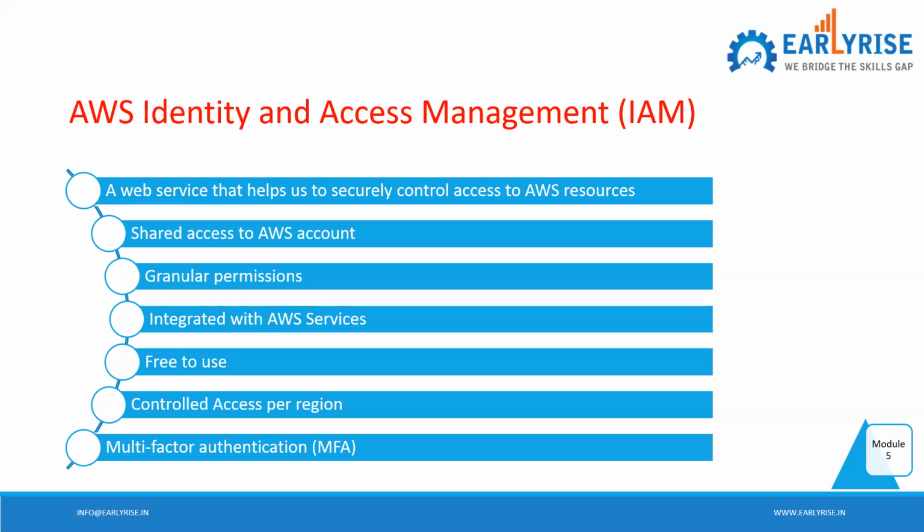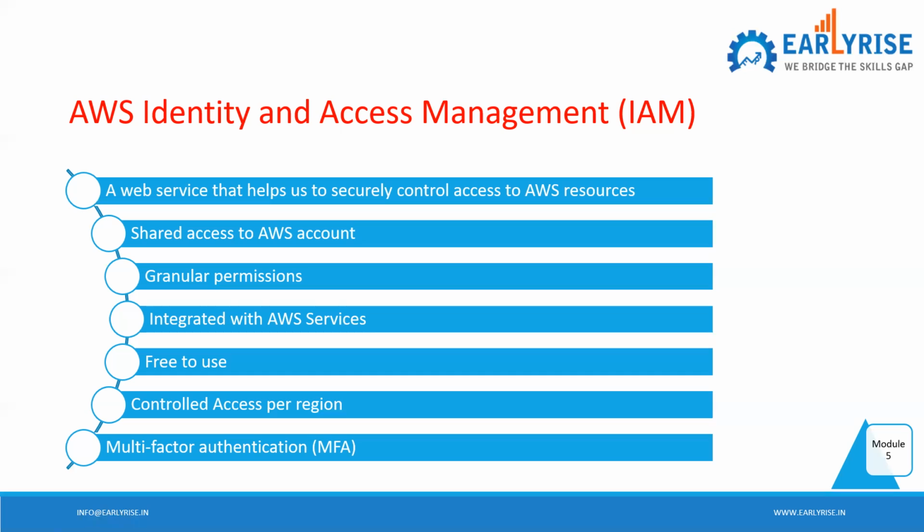What do you think, Dharma? I think integrated with AWS services. AWS services means, like yesterday we launched a Windows server, similarly we may have database instances. So it can be integrated with multiple services, right? Grant permissions like that.